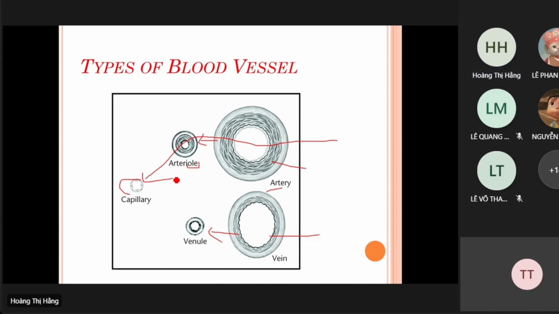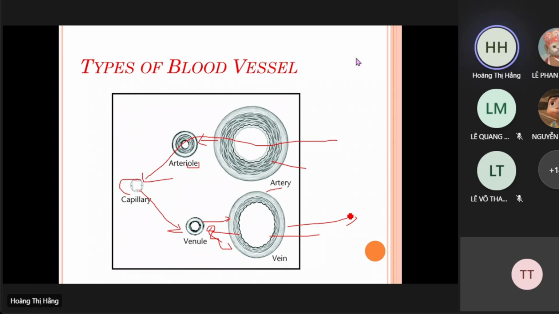Okay. And then from capillary, blood flows to venules and then to veins and back to the heart.